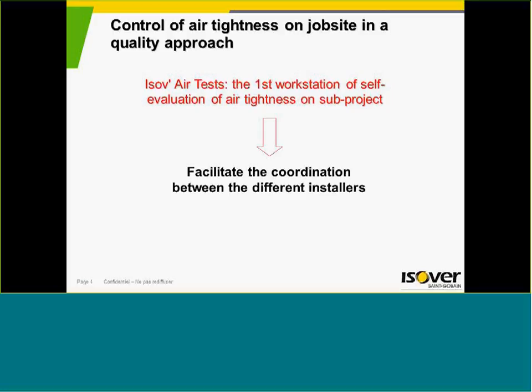For example, if the electrical workers are working at the same time with the plasterboard, with the person who does the integration of the insulation, for example, or the people who put in the different types of pipe, ventilation pipe, for example, we have to determine who is responsible for the defaults, if you have a default.